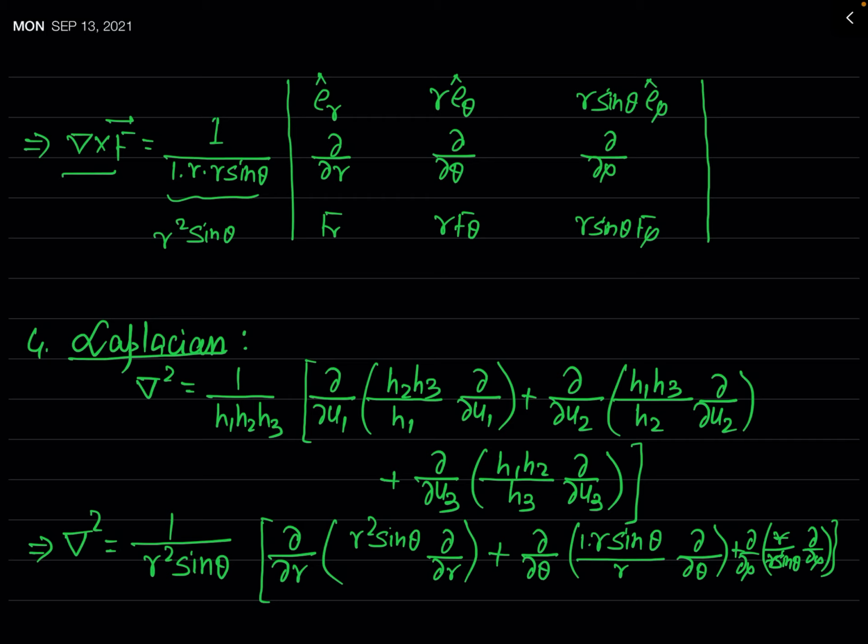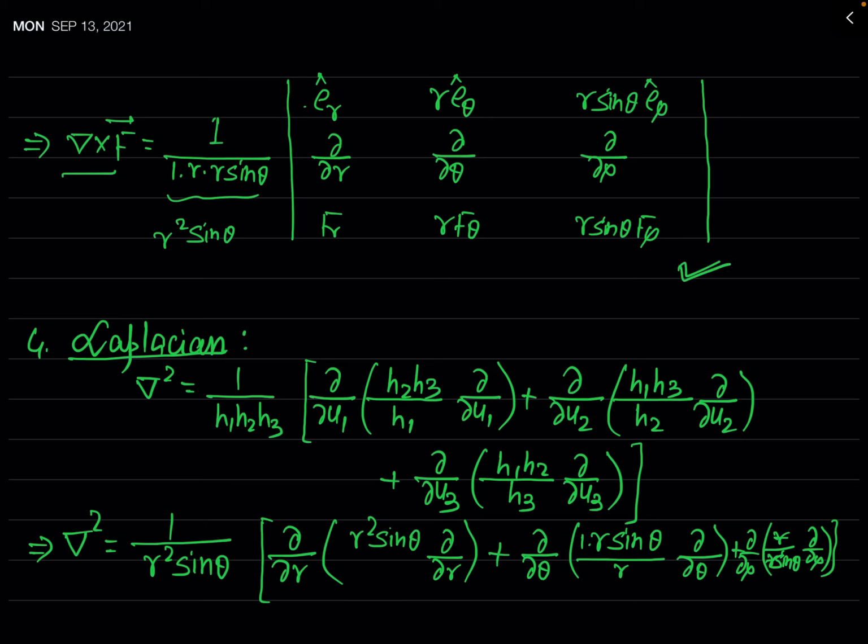Then h1 er, but h1 is 1, h2 e theta, h2 is r, h3 e phi, h3 is r sine theta, and u1, u2, u3 have been replaced by r, theta, phi, and here we again put the values of h1, h2, h3.